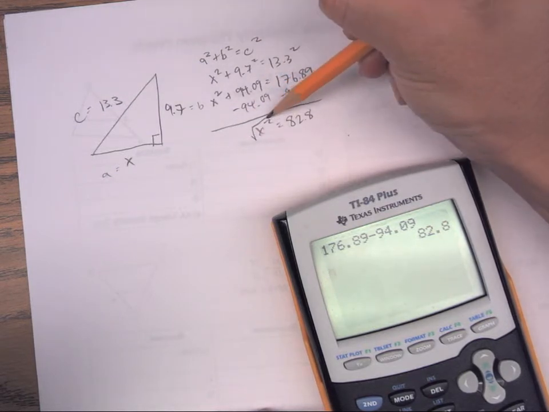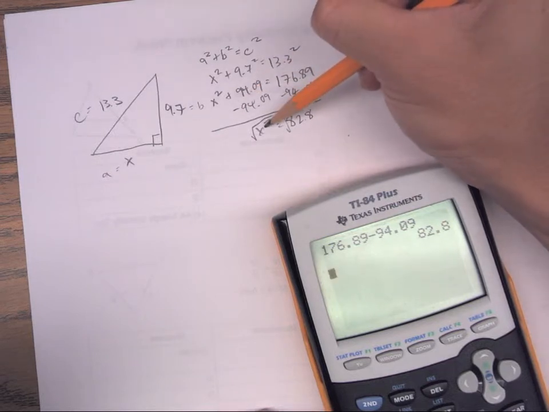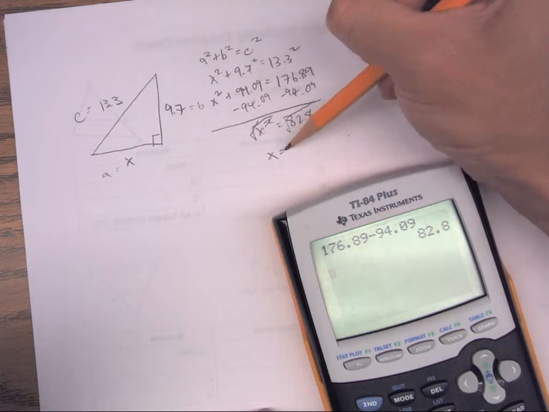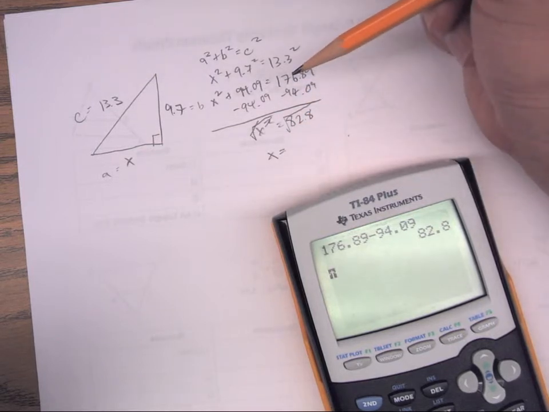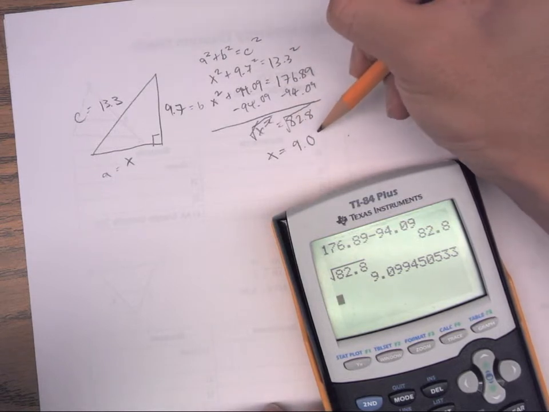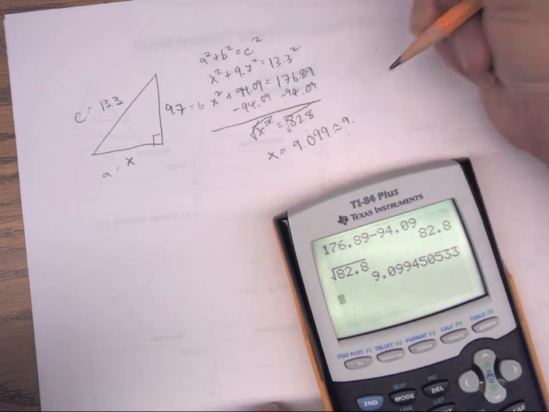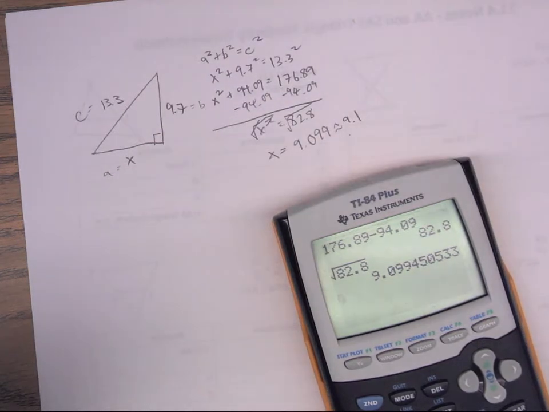Take the square root of both sides. The square root will cancel out the square. So you want to find the square root of 82.8. The square root of 82.8 is x equals 9.099. If you approximate that to the nearest tenth, x equals 9.1.